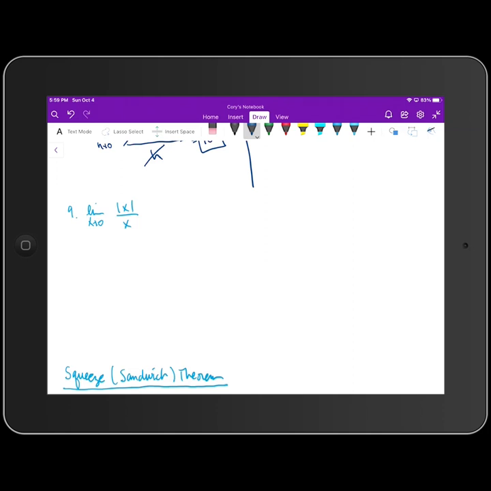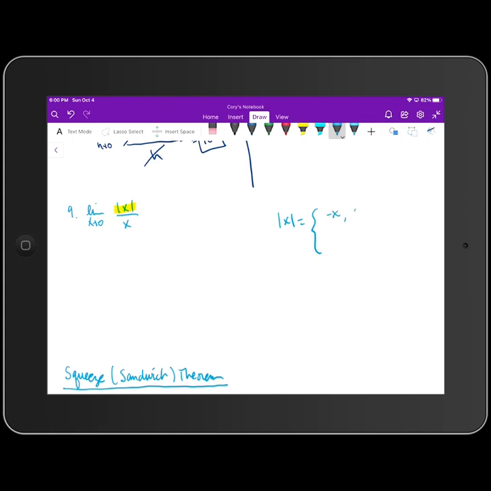And the reason that it's tricky is when we take the limit as x approaches 0, depending on what side we take that limit from, that's going to affect how we treat the absolute value function. If you remember, we define the absolute value function as a piecewise function.